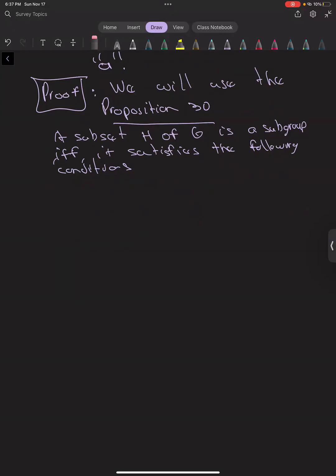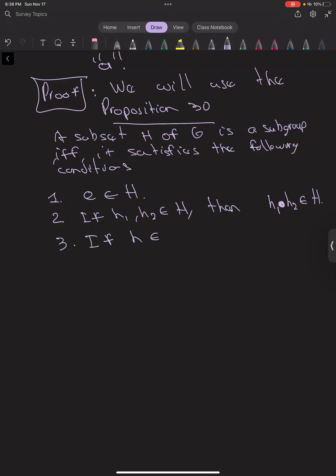So it must satisfy number one: the identity belongs to H. Two: if h1, h2 belong to H, then the product h1 h2 is in H. By product I mean the operation, so let's put that funny circle, whatever operation makes it a group.